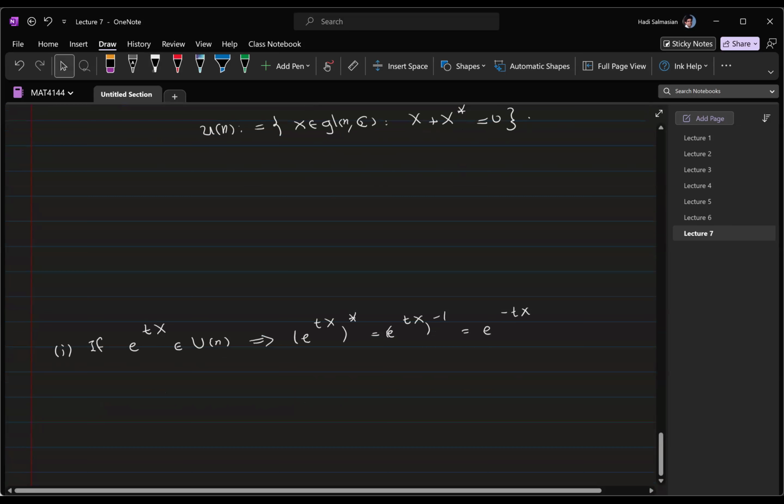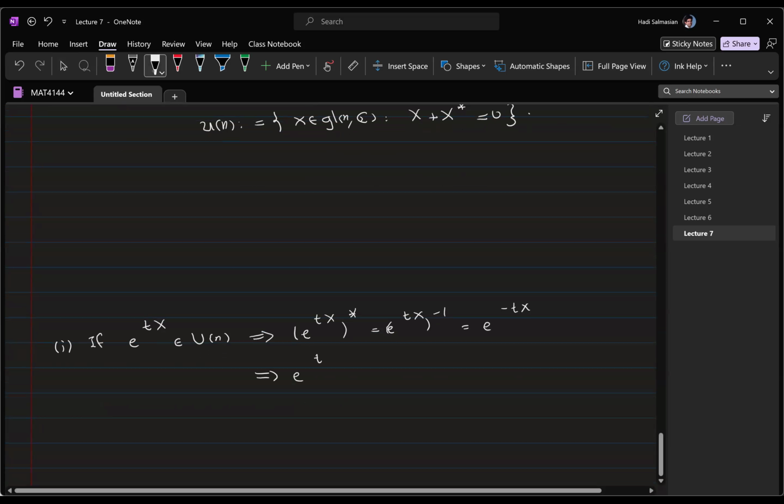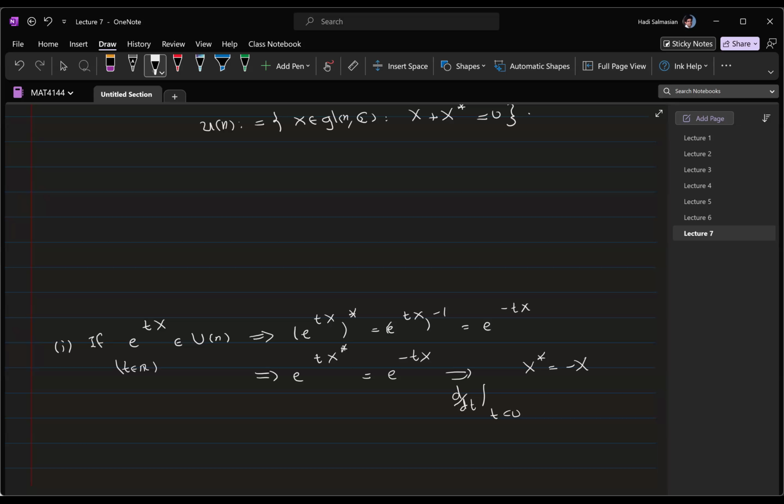The left-hand side is just e to the tX star, because the star goes inside, since t is real. So it's equal to e to the minus tX. Now again, d over dt at t equal to 0. The left-hand side is X star, the right-hand side is minus X. And the converse is also clear; just reverse the arrows. If X star equals minus X, then this is equal to this, and so on.